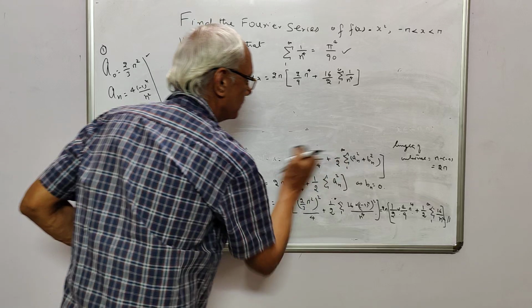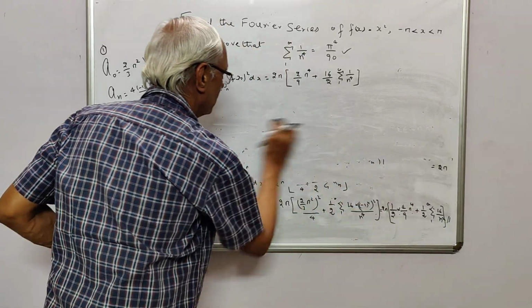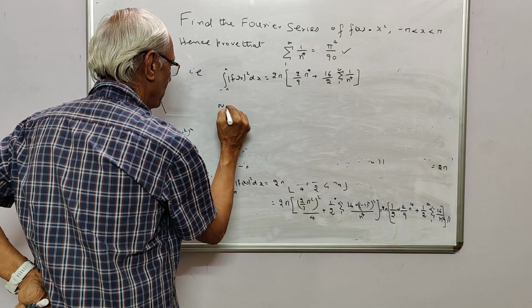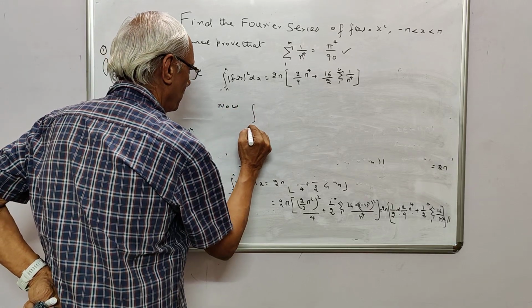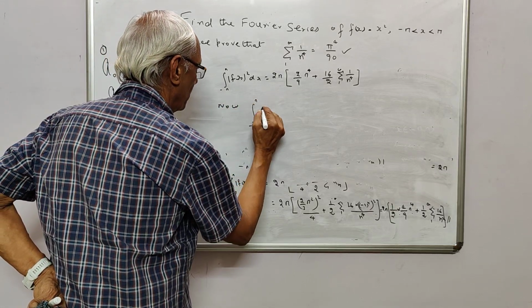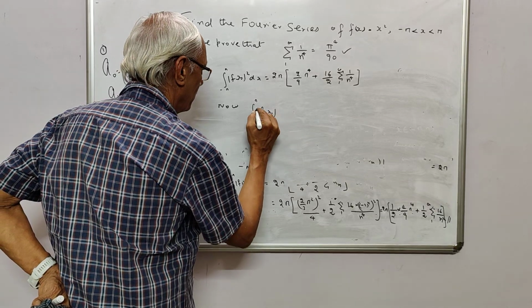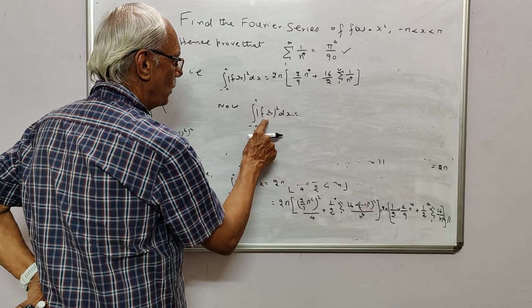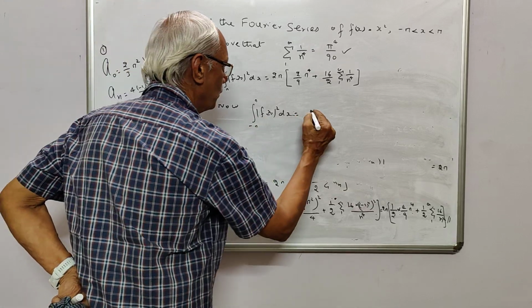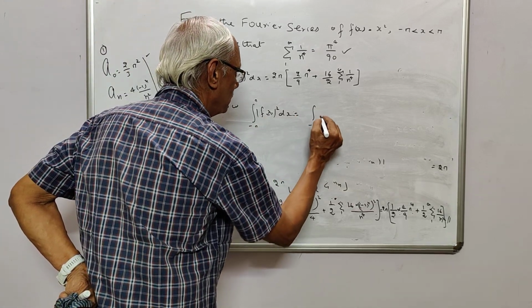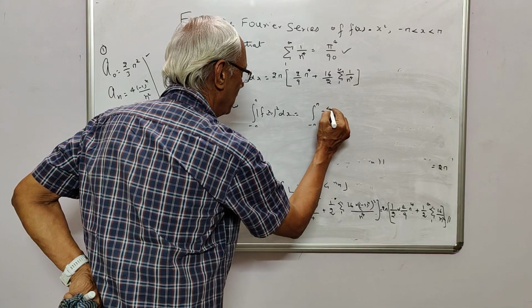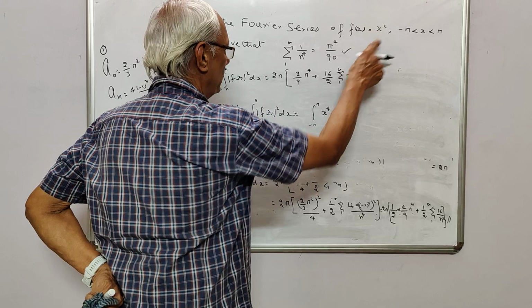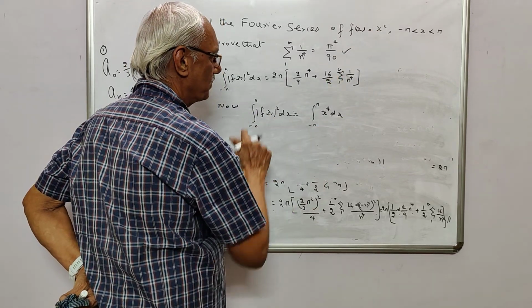Now this is an even function. It is minus pi to plus pi x to the power of 4, because f of x is equal to x square, so f of x whole squared is x to the power 4.